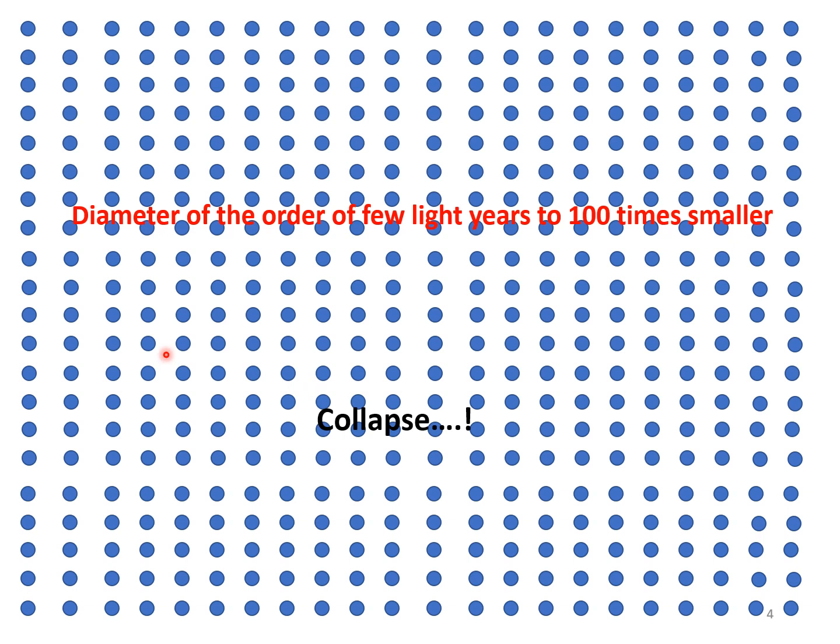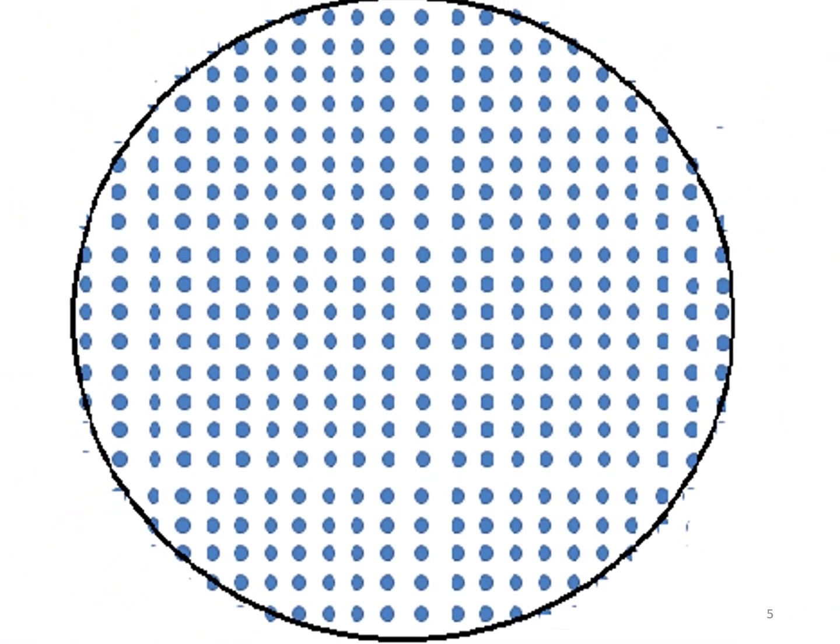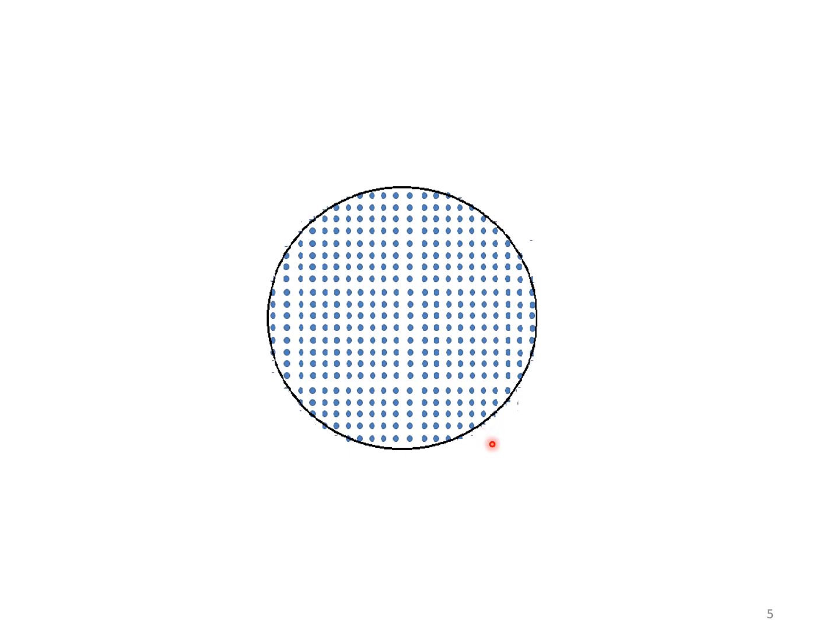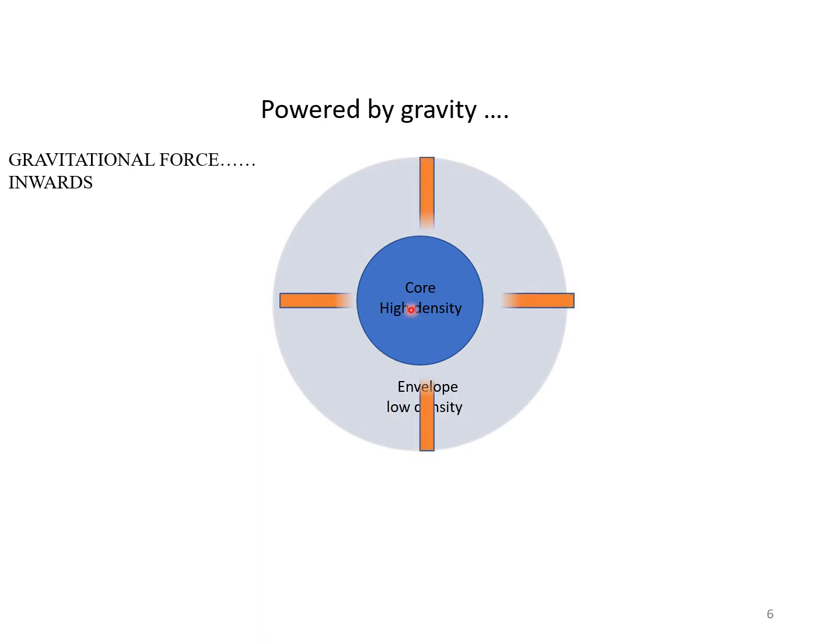So if you consider the accumulation of so many hydrogen atoms from a very long distance, where the diameter is of the order of a few light years to 100 times smaller, and if all these atoms begin to collapse, we don't know the exact reason, but if by chance that takes place, then the atoms will begin to move closer to one another, and that results in the formation of more and more atoms.